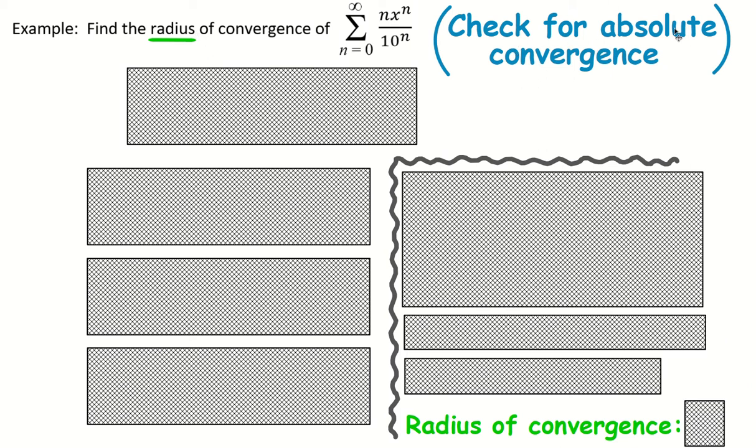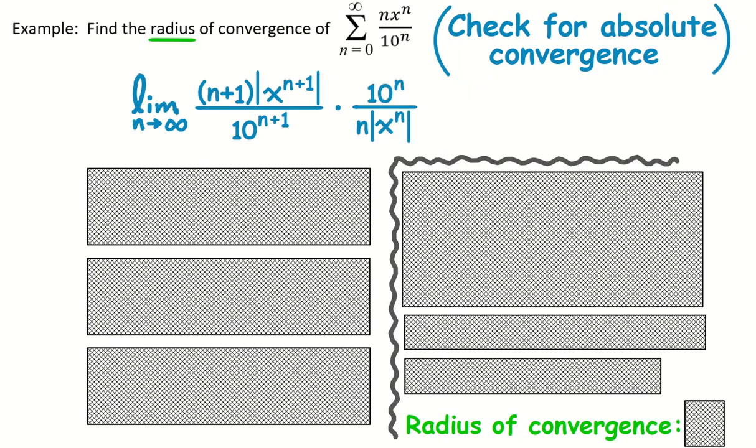You have to check for absolute convergence. And that's just because of the criteria, the rules of the ratio test. It needs to be positive terms. Okay? So we throw an absolute value in there just so that we're able to actually be allowed to run the ratio test.